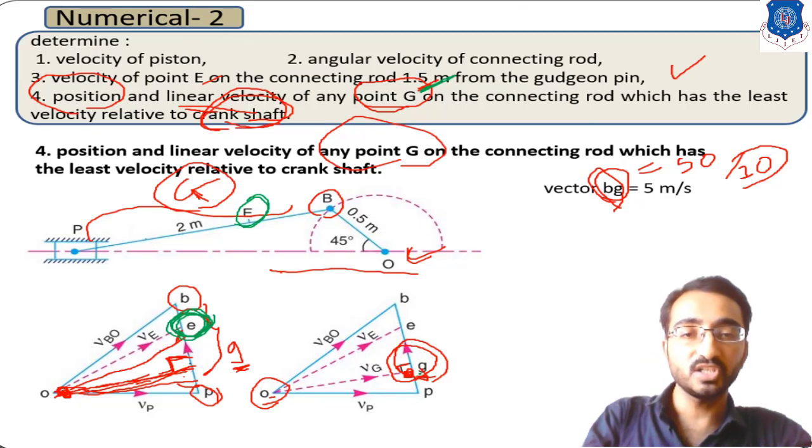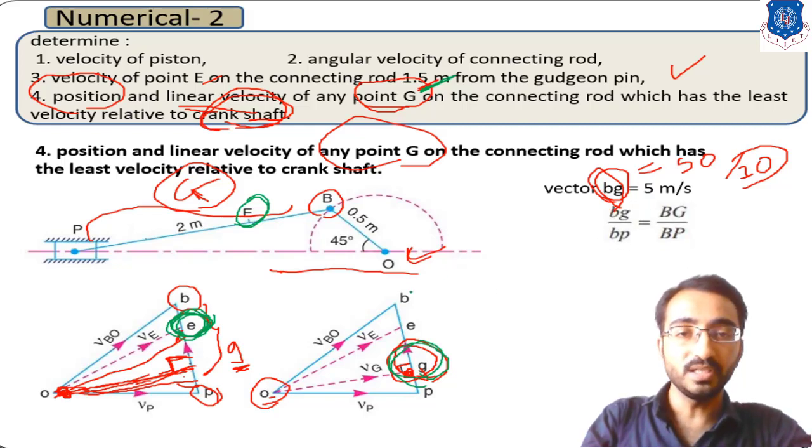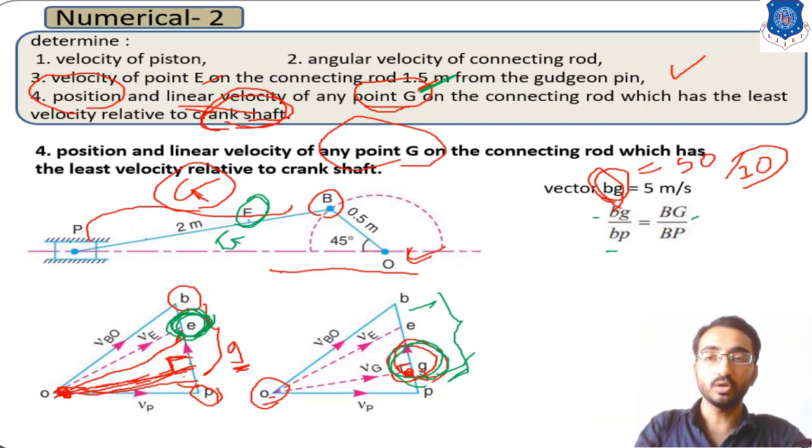We have point G in the velocity diagram. So we will take the ratio small bg upon small bp, that is your connecting rod velocity, is equal to capital BG, that is the length of G point somewhere on this connecting rod, to the total length of the connecting rod, that is BP.